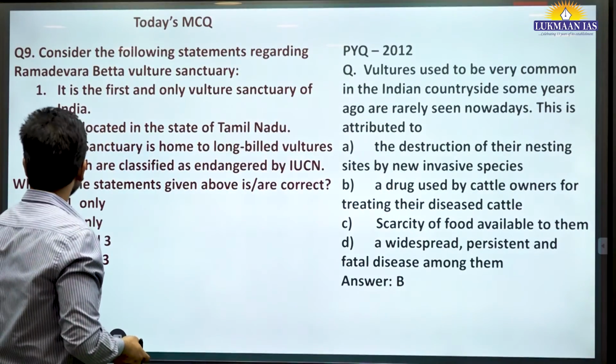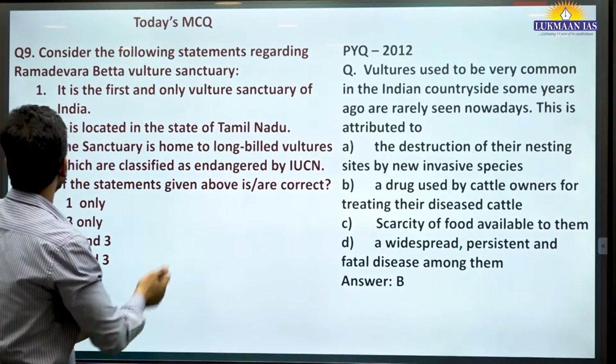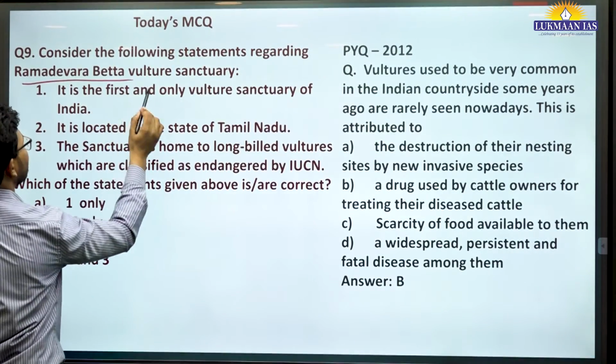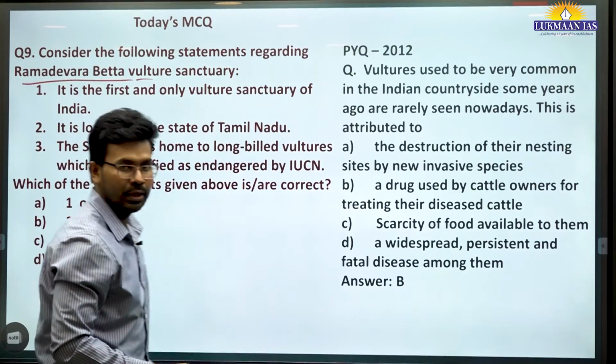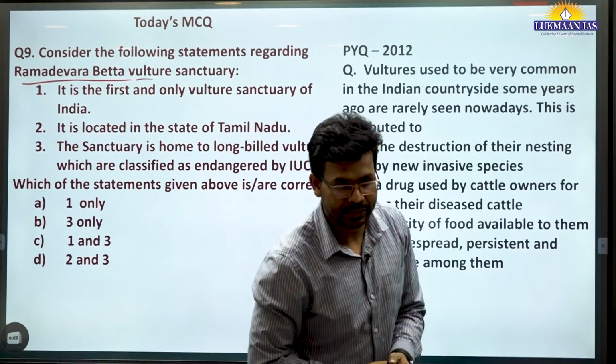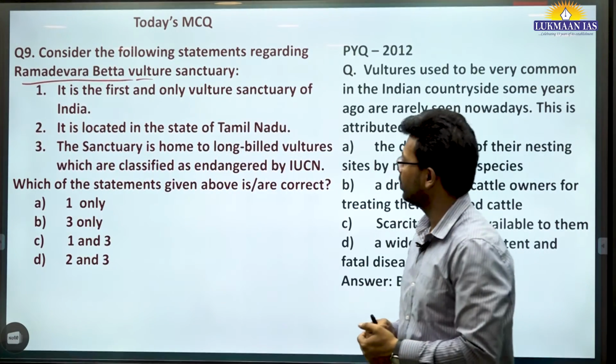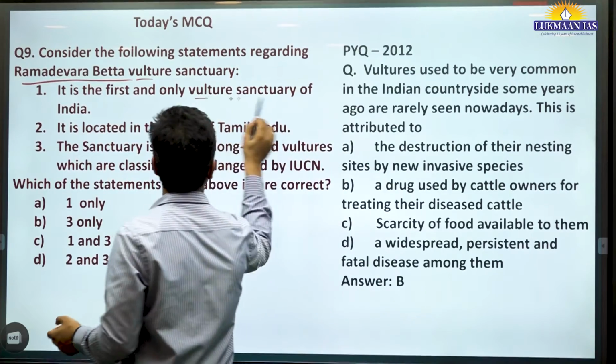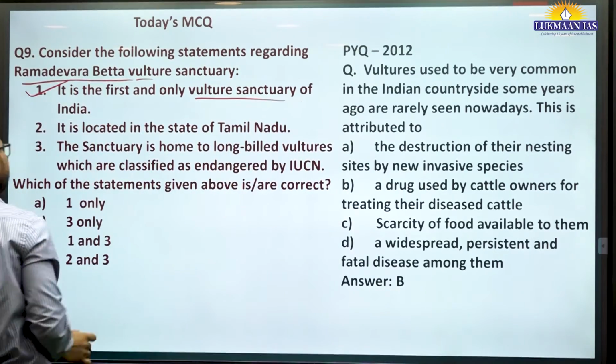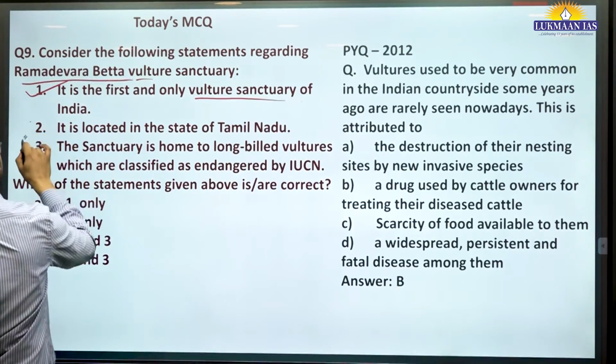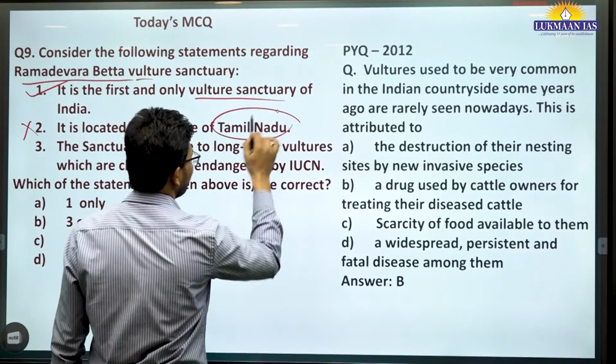Now we have another question. Consider the following statements regarding Ramadevara Betta Vulture Sanctuary. It's a vulture sanctuary where vultures are protected. It says it is the first and only vulture sanctuary of India. This statement is right. It is located in the state of Karnataka, not in Tamil Nadu.